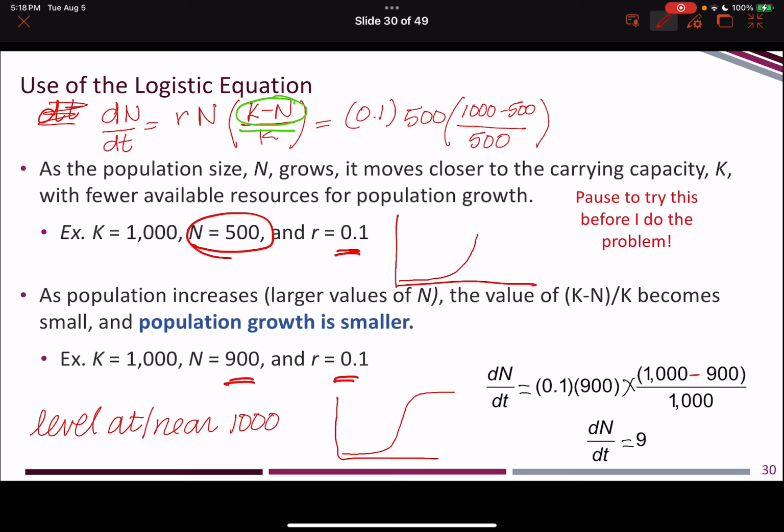So up here, when we have 500 individuals, there's a lot of room for growth. Down here, where we already have 900 individuals, there's not nearly as much room for growth. So if you look down here, we've only added 9 individuals. That means that that environment is starting to limit the number of individuals in this population.